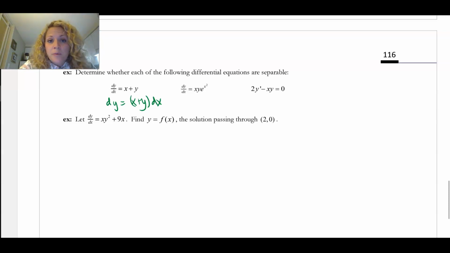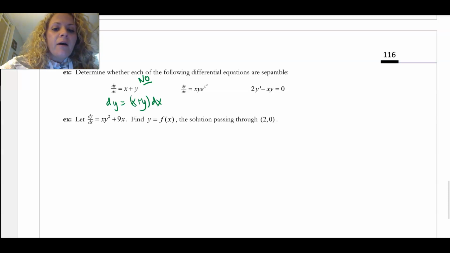And we could distribute the dx if we wanted to, x dx plus y dx, but there will not be a way that we could possibly get the y by itself or get the y to the dy side without taking a dx with it. So this one is a no. It is not separable. For the middle one, it maybe jumps out to us as a more obvious yes.